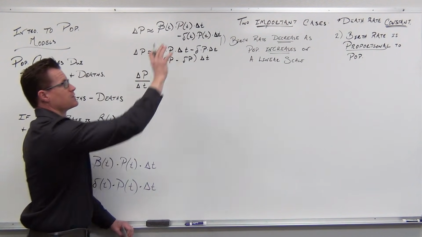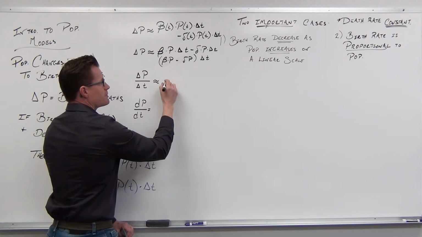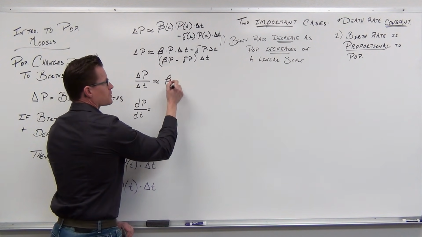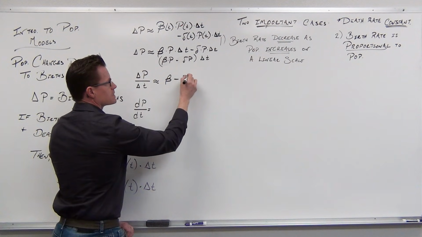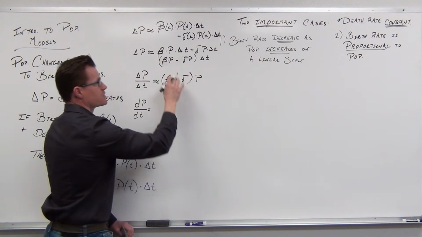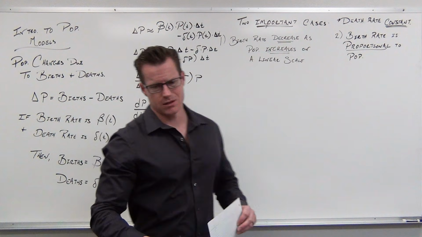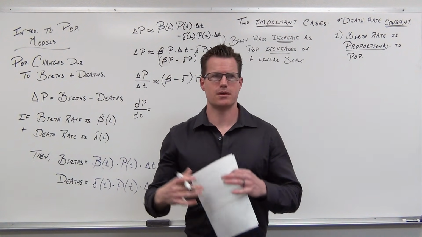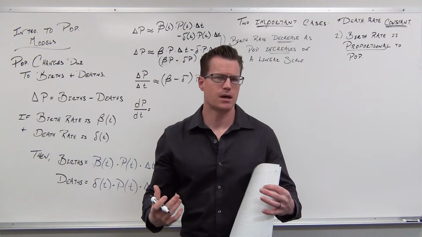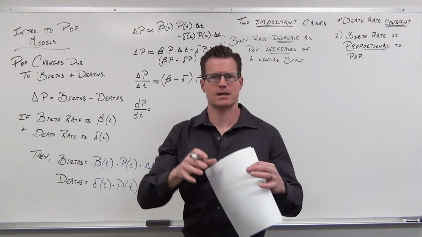Let's divide that. So we're going to divide by the delta t, and we have this birth minus death times population if I continue to factor that P. All we've done here is said, change in population should be the way that our births and deaths are related. So let's subtract them and say the change in population would be births minus deaths.